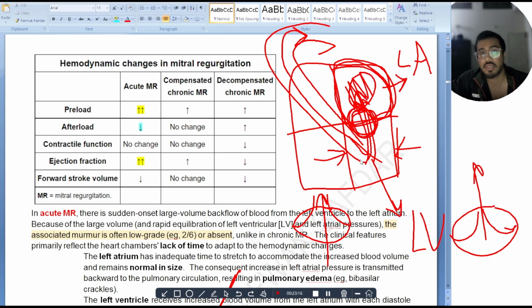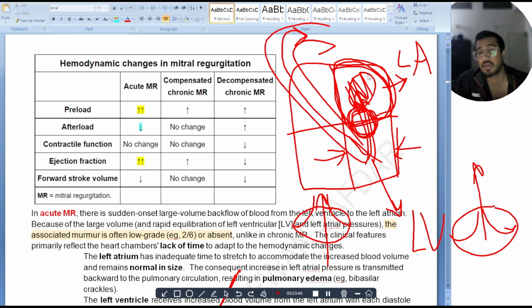The question is, why does the afterload not increase in acute mitral regurg? The reason is that there is ability to accommodate blood in the pulmonary vasculature. But in chronic decompensated mitral regurg, the pulmonary circulation is already filled with blood, and the left atrium is already filled with blood, and the decompensation results in overfilling of all these structures. So the resistance becomes really a lot.